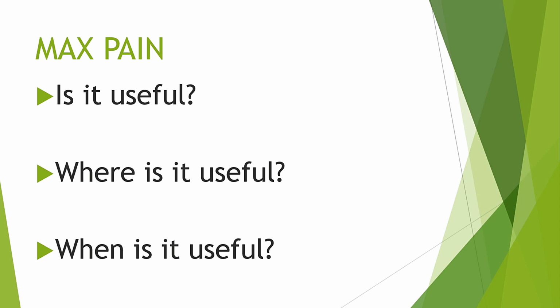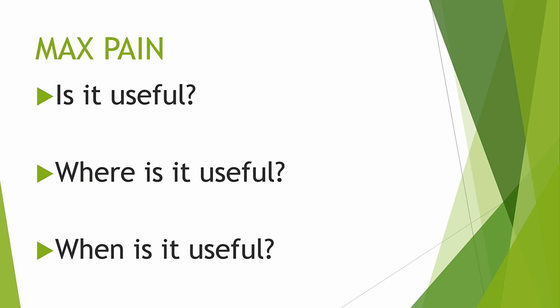Max pain is more useful on the day of expiry and it is more useful for intraday traders. This is my understanding. If someone is able to use it for positional trading, I do not have any objection if the method is successful for them, but I am not using it. Based on max pain, it is difficult to predict anything on routine days.